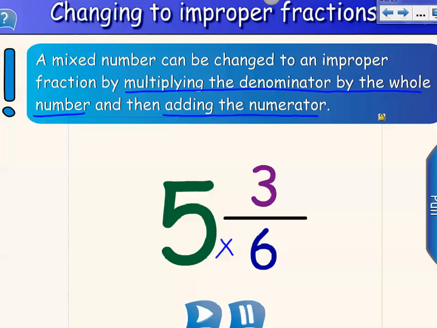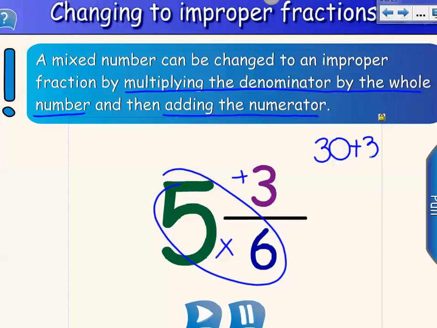So 5 times 6 is 30. Then we add the top number, which is 3. So 30 plus 3 equals 33. That's my new numerator. I put that over my original denominator of 6. So I changed 5 and 3/6 into 33 over 6, which is an improper fraction because my top number is bigger than my bottom number.